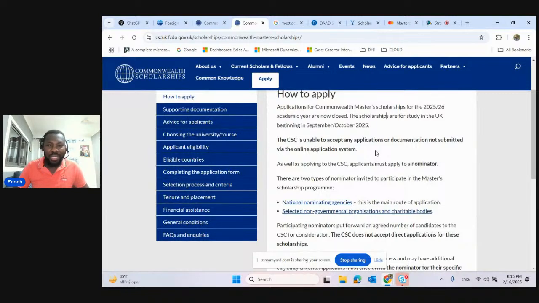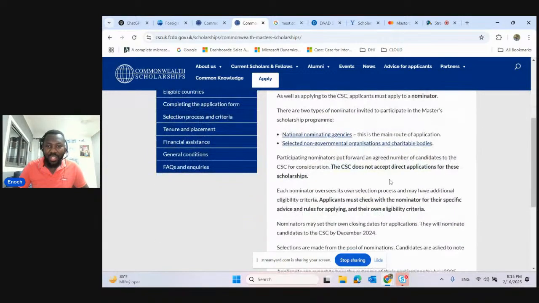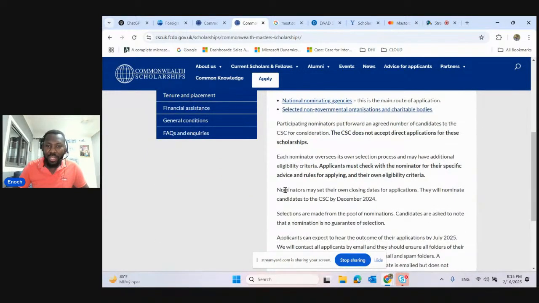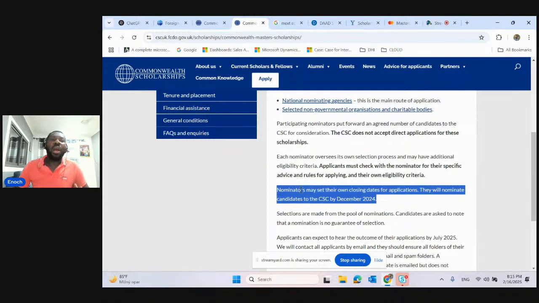So unfortunately, this is already closed, because the application was open later last year, and they were nominated at the end of 2024. However, what I want to emphasize for my audience to take home is that these scholarships are granted annually.